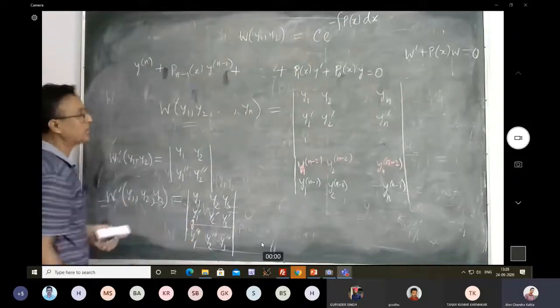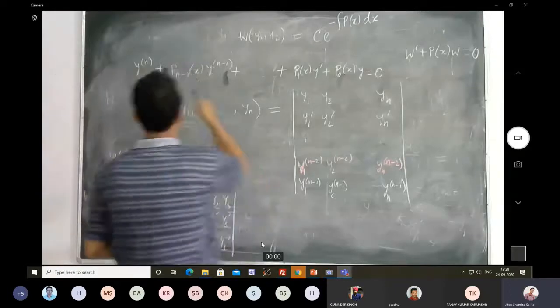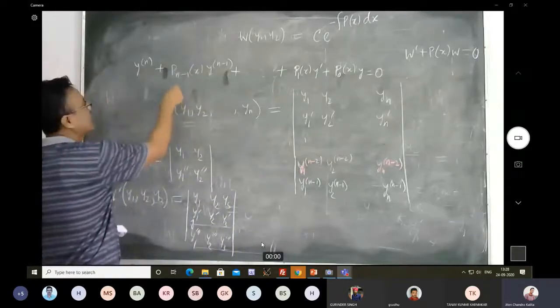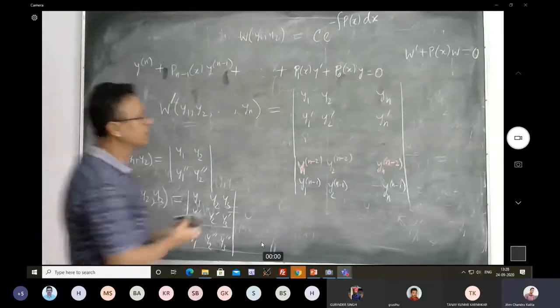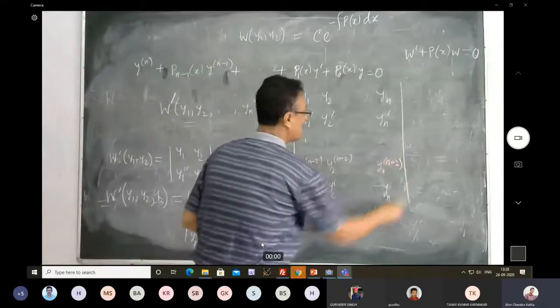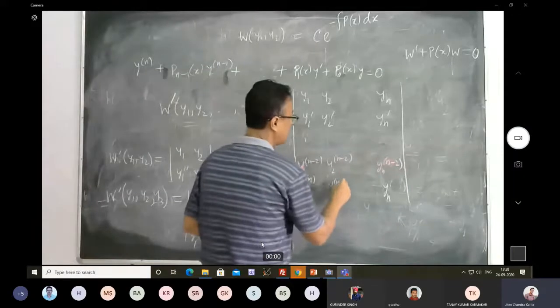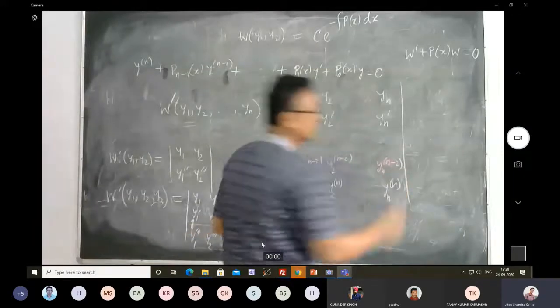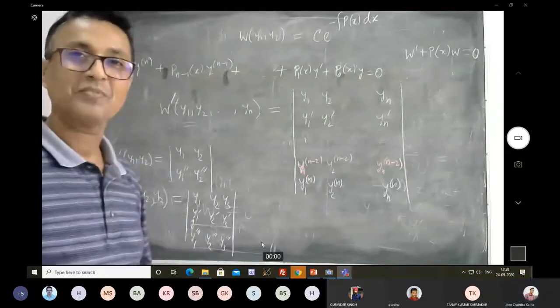So similarly, if I consider the derivative of this Wronskian with respect to x, then in my last row I am going to have the nth order derivative. Is it okay?